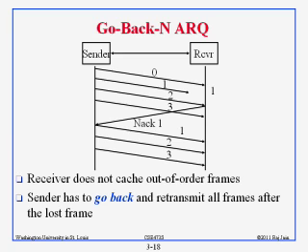Here's the thing. Acknowledgement is always cumulative. What that means is if I say I received 2, that means I have received everything up to 2. The next upgrade is selective acknowledgement, which is a little bit more complicated.